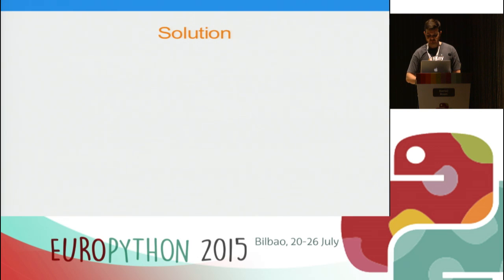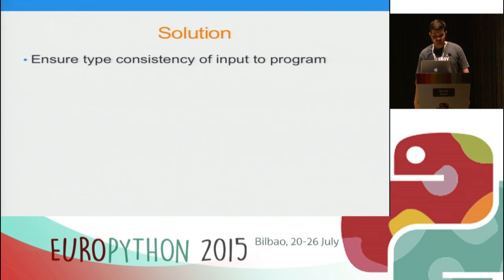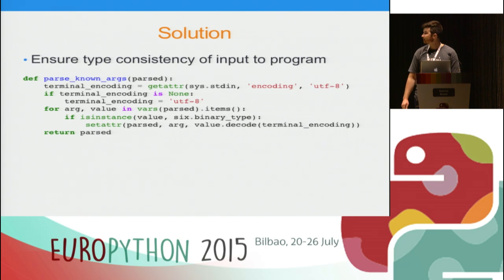The solution that I've found through my development is to ensure that the string type is consistent right off the get-go for input to your program. So take this method that we use when we receive an argparse namespace. The method parseKnownArgs takes a namespace here. It first determines what the terminal encoding is being used for standard input.